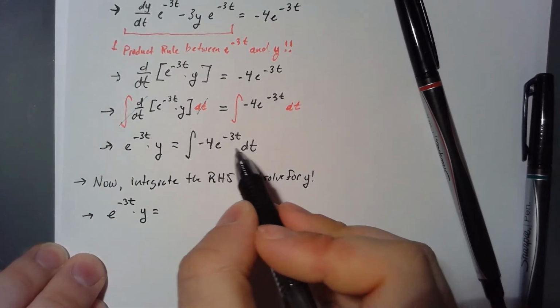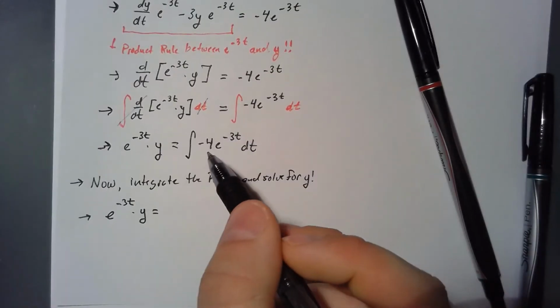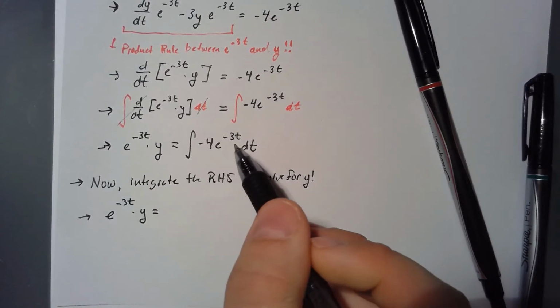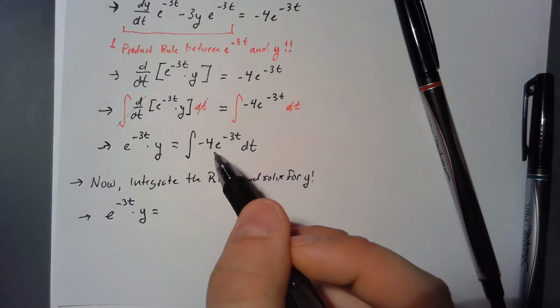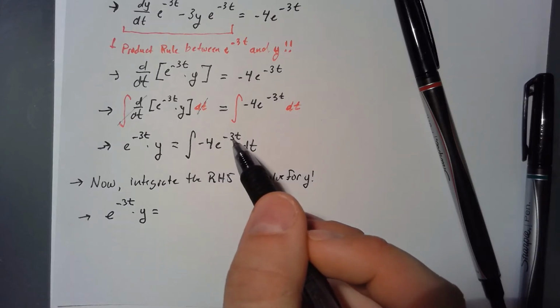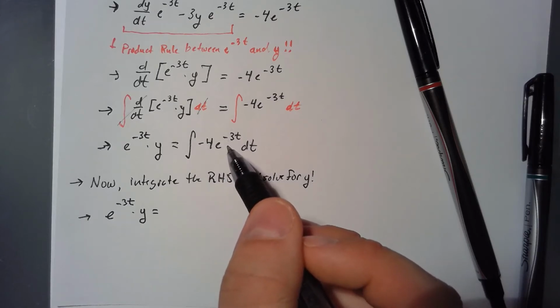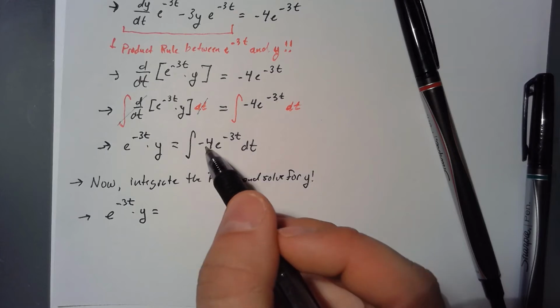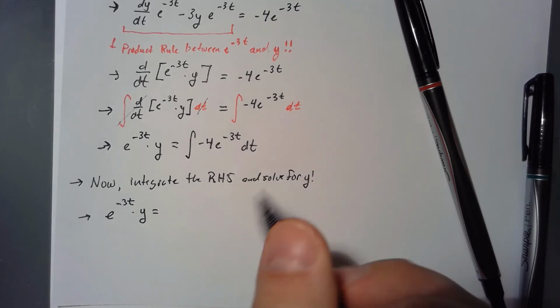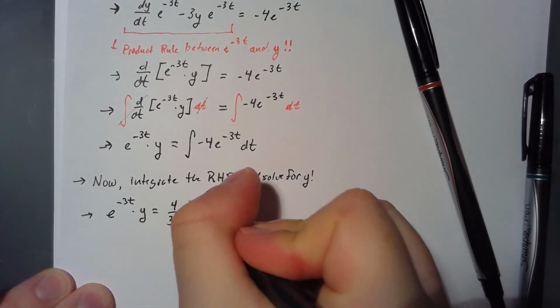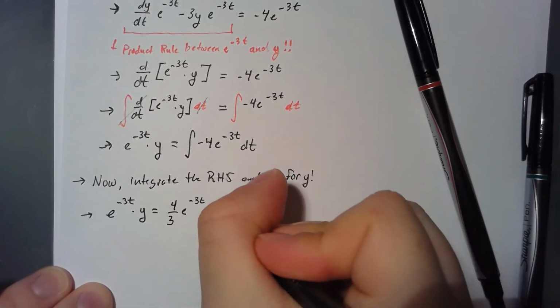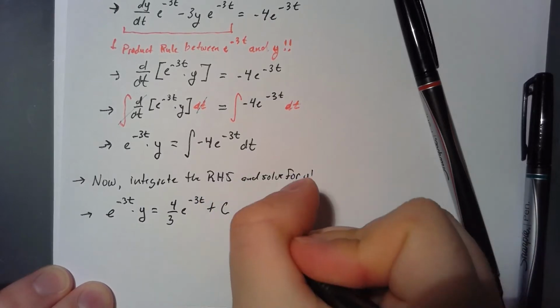How do we integrate this? Well, you could bring the negative 4 out if you want, but this is easy. E to the negative 3t, how do you integrate that? Well, this is going to come out as a reciprocal of negative 3, so that's going to be negative 1/3, right? Negative 1/3 times negative 4 is positive 4/3. So I'm going to get positive 4/3 e to the negative 3t plus c.